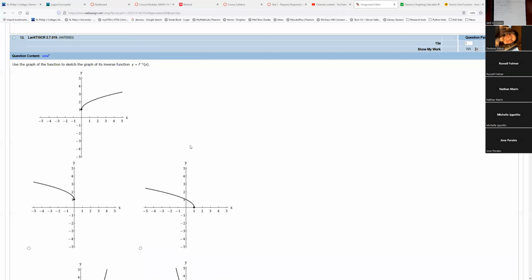Okay. It's going to help in order to do the graphs. So if you have the graph right here, notice the domain of f would be 0, 1, 2, 3, 4, 5. So I'm going to assume it stops at 5.